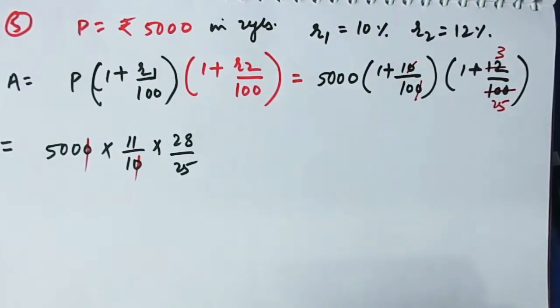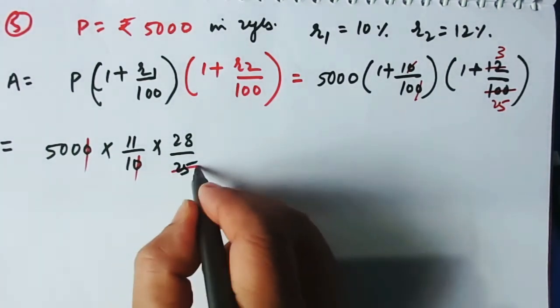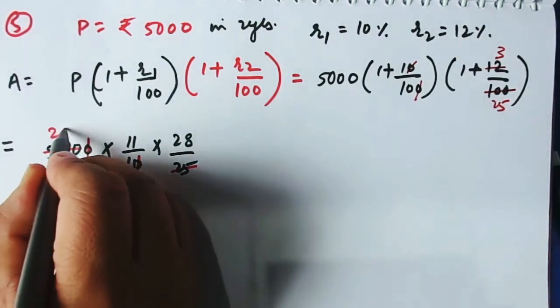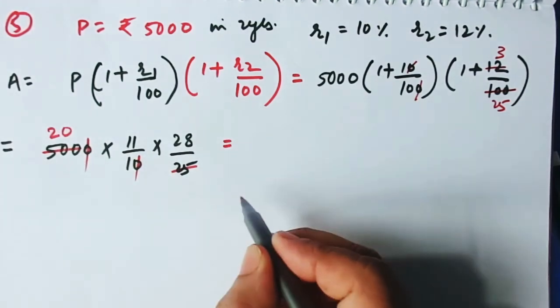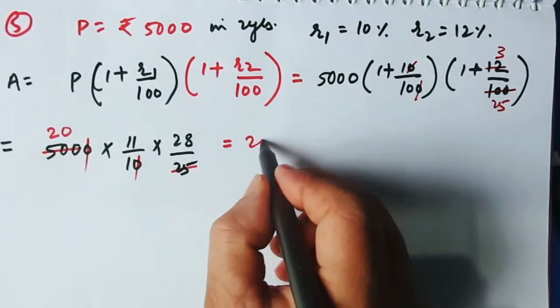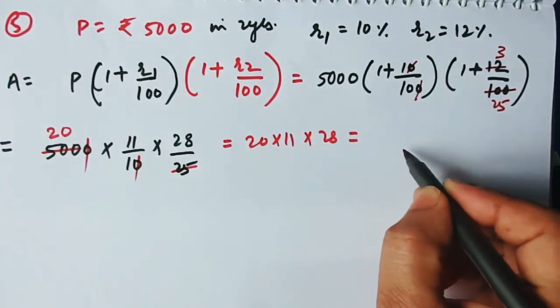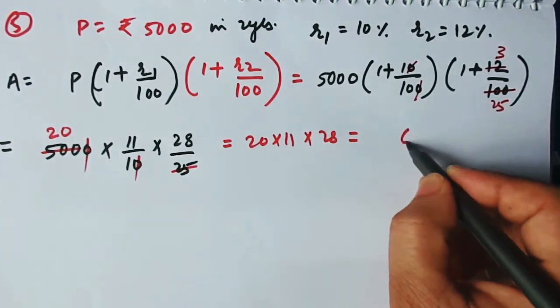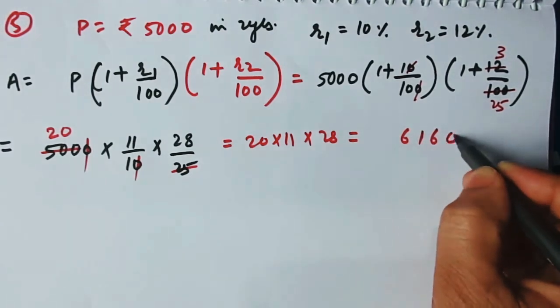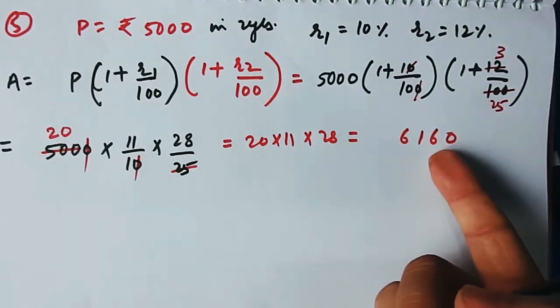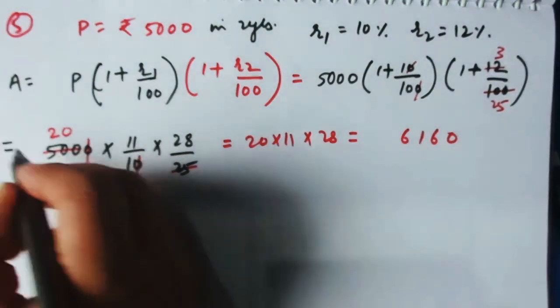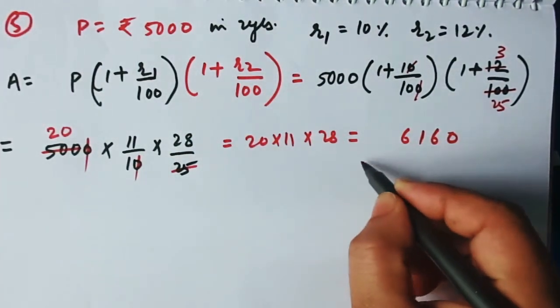See how beautifully it cancels. 25 how many times? 2s are 50. So 20 times 11 times 28 will give you how much? 6160. What is this 6160? It is your amount.